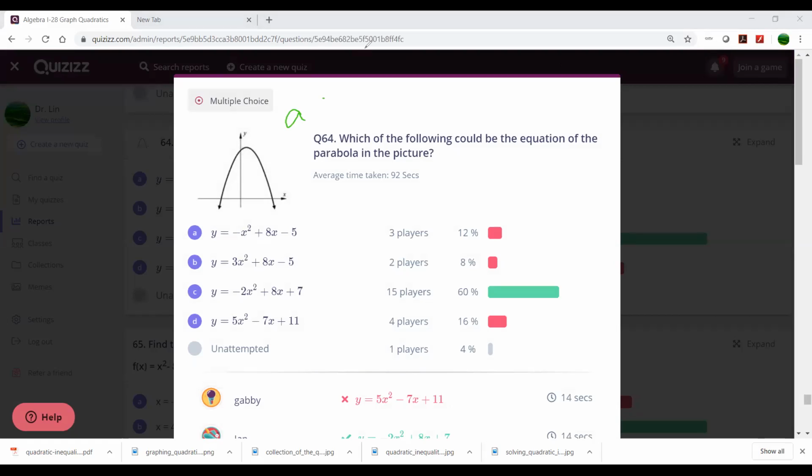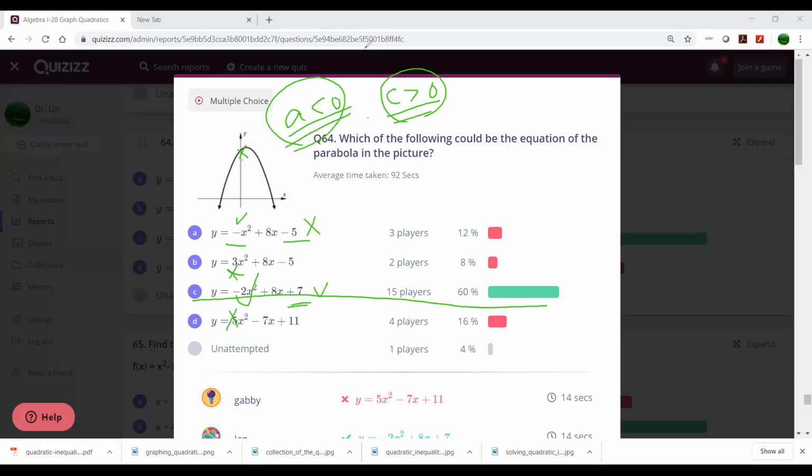So a is definitely less than 0, right? Second, the y-intercept here is greater than 0, so c is greater than 0. So a is a negative number, c is a positive number. Let's see. This is negative, this matches, but this one doesn't match, right? What about this one? This is greater than 0, so take it away. So only this one matches, and c is greater than 0. Yeah, that's it.